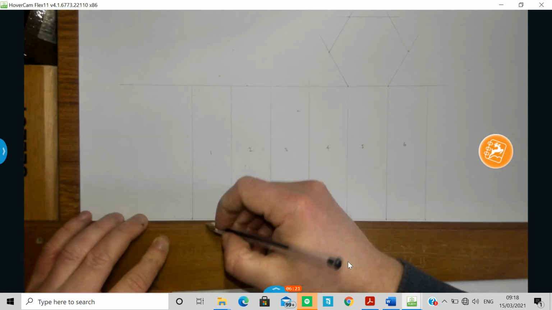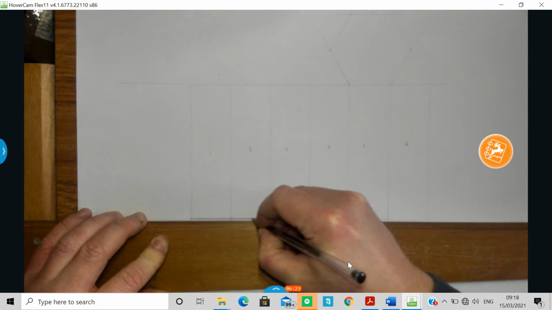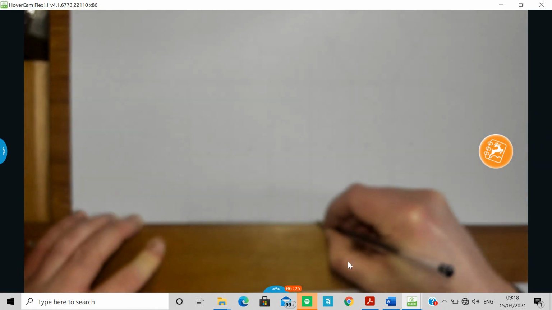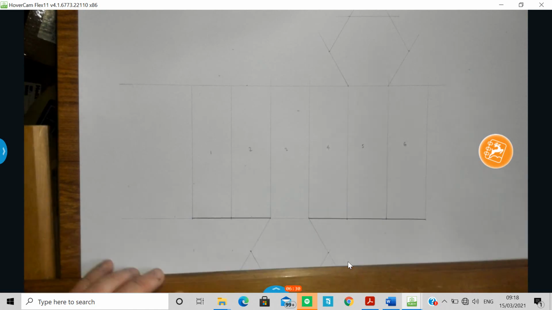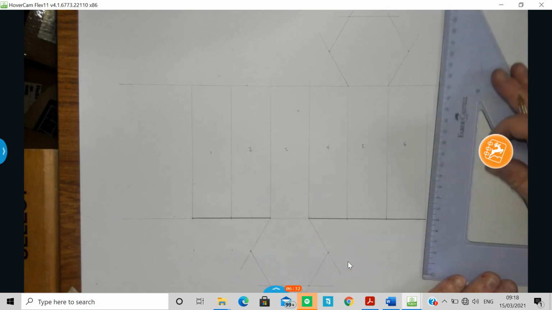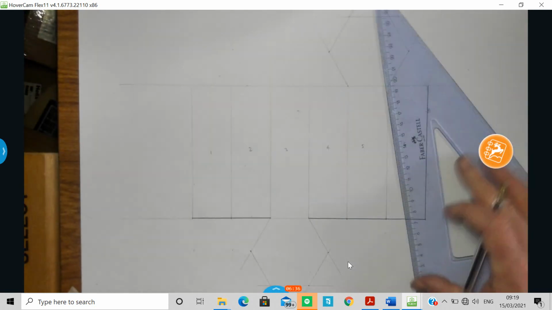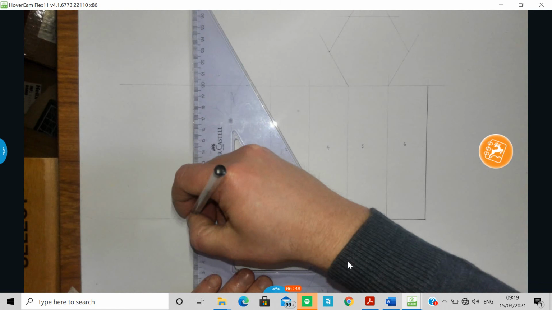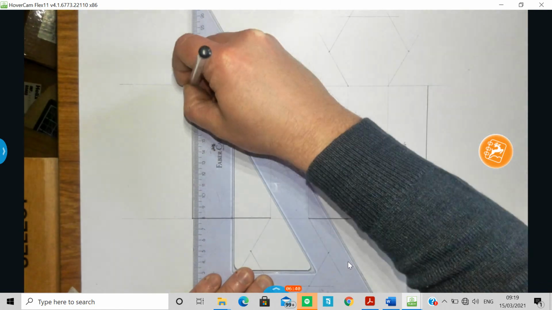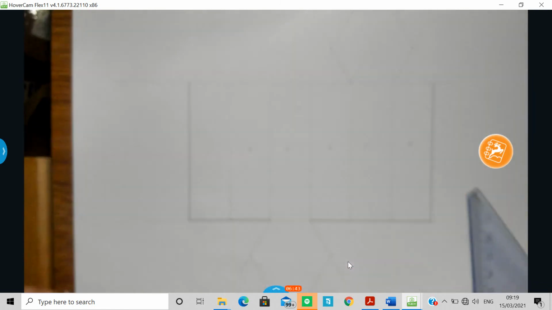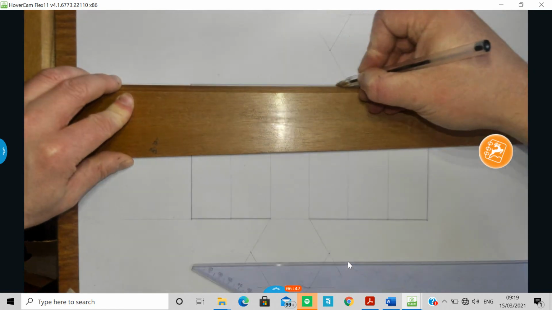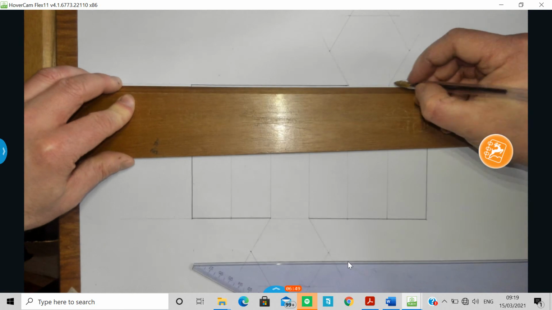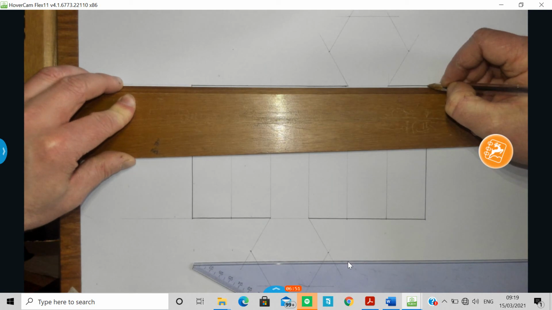Remember, any line that's going to need to be bent to recreate the object in the question, I need to make sure that is not a solid line.